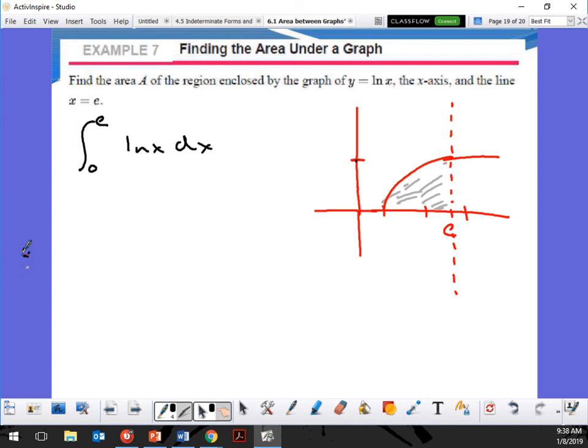Okay, so now, does that change it? It changes a lot. So now that would be from, not 0, from where?